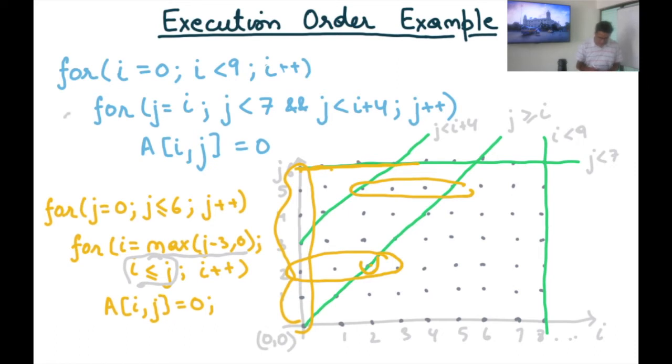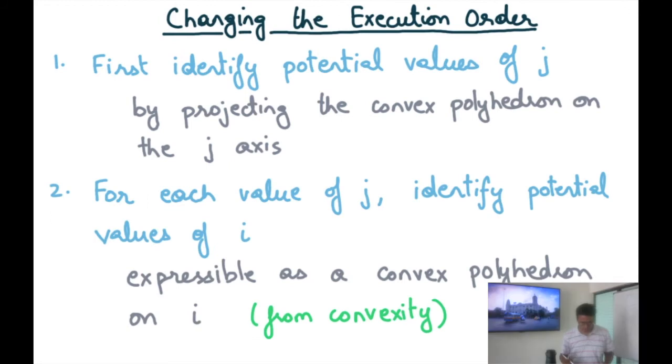So how do I get from the original loop to the loop with the switched axis? In particular, how do I know these lower bounds and upper bounds of I and J? That's the question I'm going to answer in this lecture module.